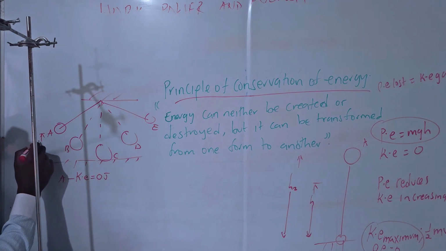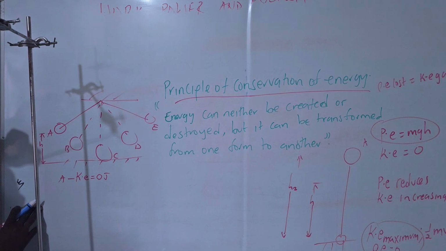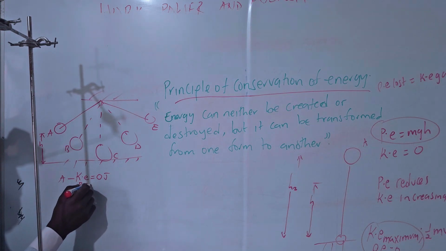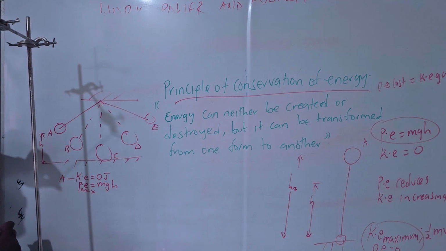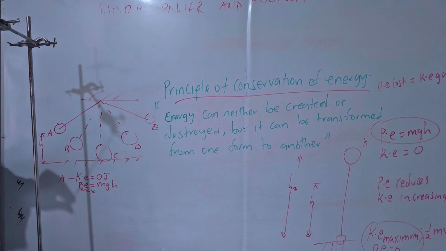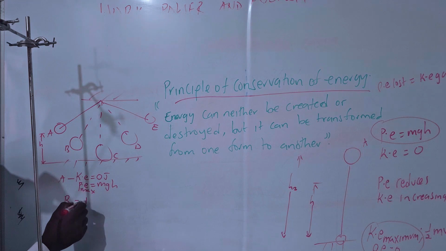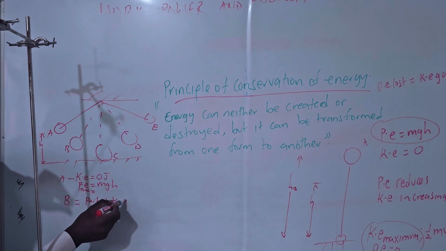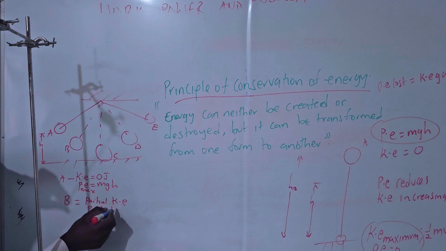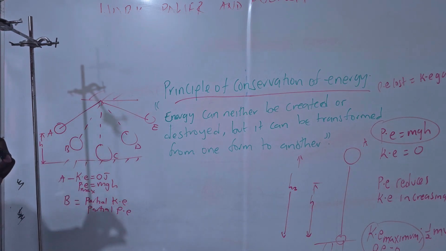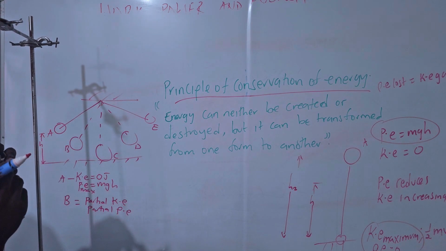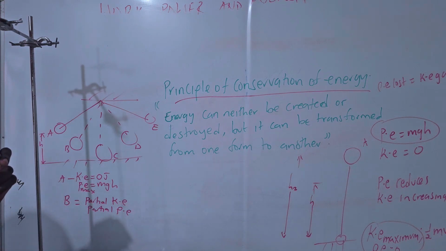But it has a maximum height from the ground. So it has maximum potential energy, mgh, maximum. So as it starts to move, that is at point B, it has partial kinetic energy and partial potential energy. As it moves through the lowest position, here it is having a very high speed, but it is having zero height. So here the potential energy is zero, but the kinetic energy is very high.